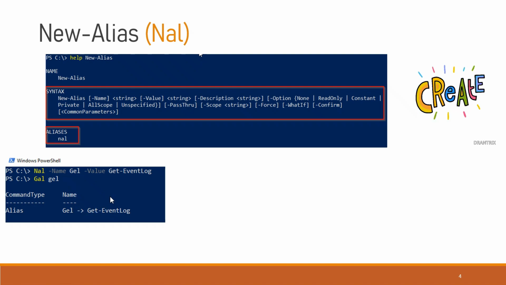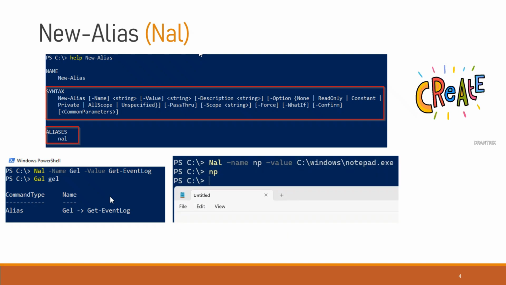So that's simple. And I have a surprise for you. We can create new aliases not only for commandlets, we can create aliases for executables as well. If you look here, I'm creating a new alias named np, and for the value I gave the executable path of notepad.